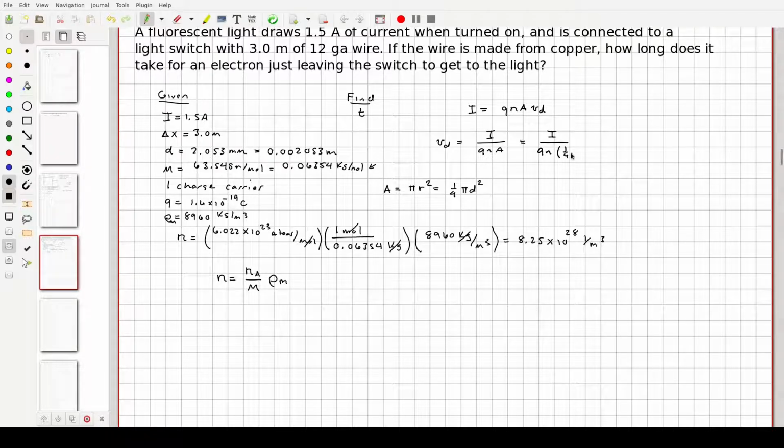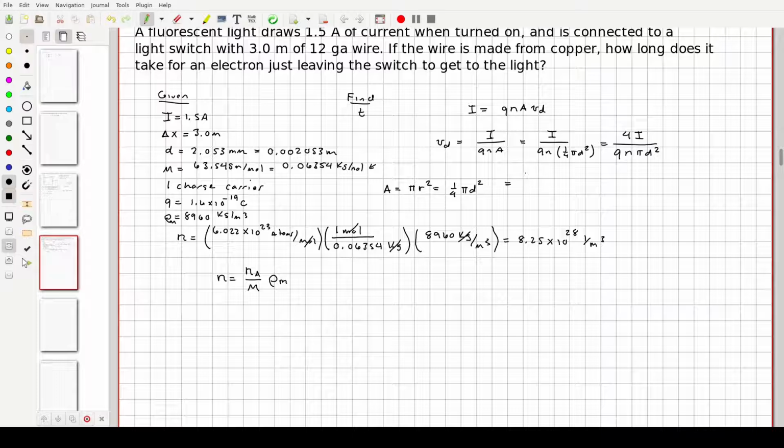That's 1/4 pi d squared. Or if I flip that to the top, 4 times I divided by Q n pi d squared. This is what we're going to work with.